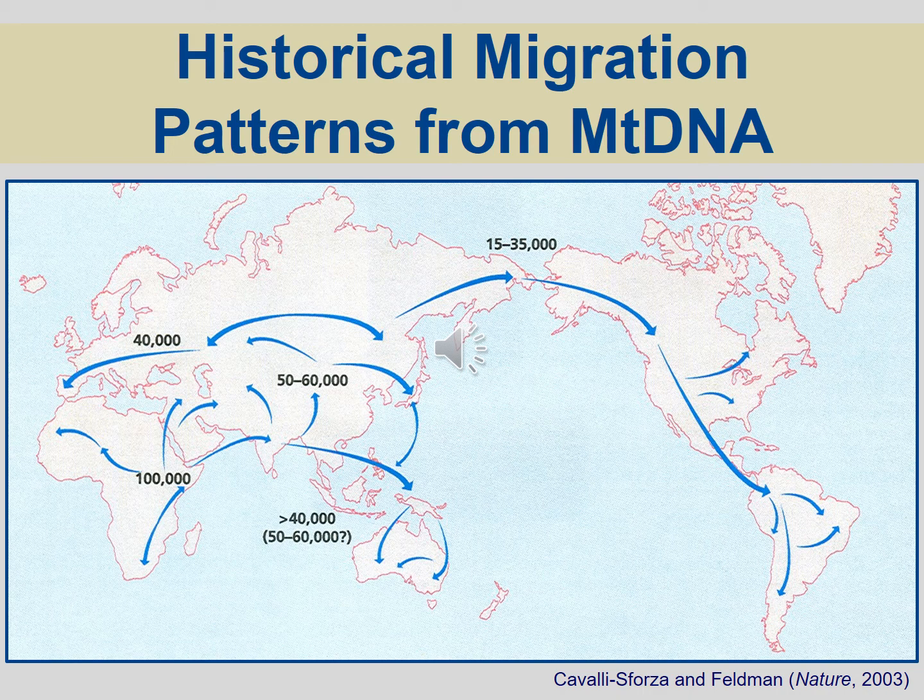This chart is actually almost 20 years old now, but it's still pretty accurate. However, we've made new discoveries in Australia that are 20,000 years older than what DNA actually predicted, that there probably would be older populations in Australia. That was neat.